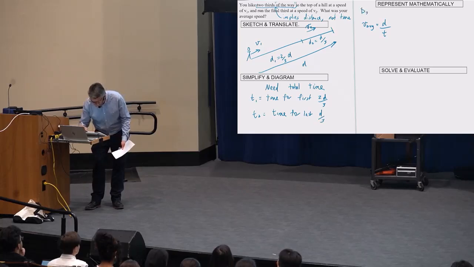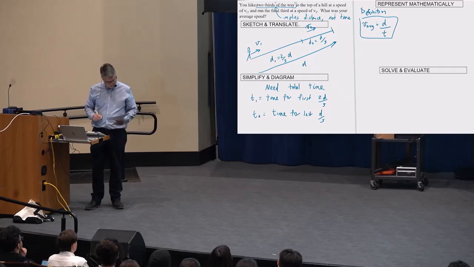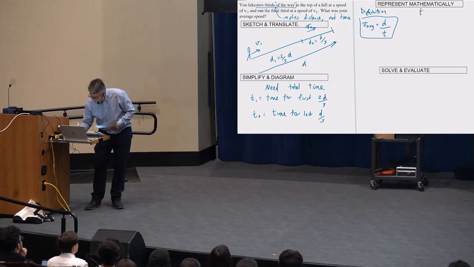And this is the definition of average velocity: the total distance divided by the total time. So time is equal to T1 plus T2.